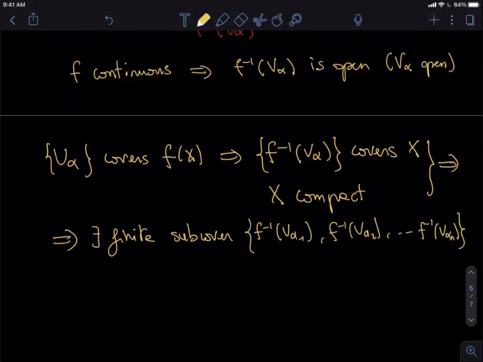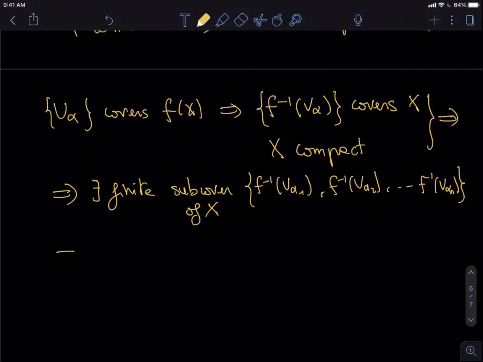Notice here we have already used the continuity of the function f and the compactness of X. So we already have a finite subcover of X. Let's write it carefully.